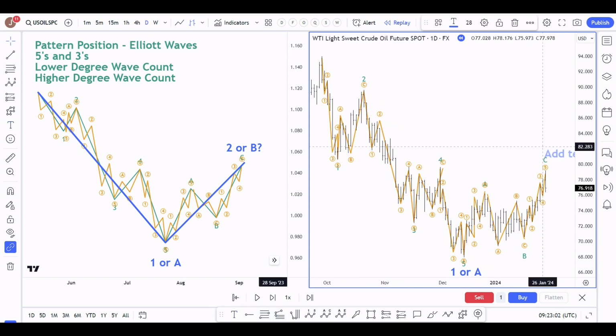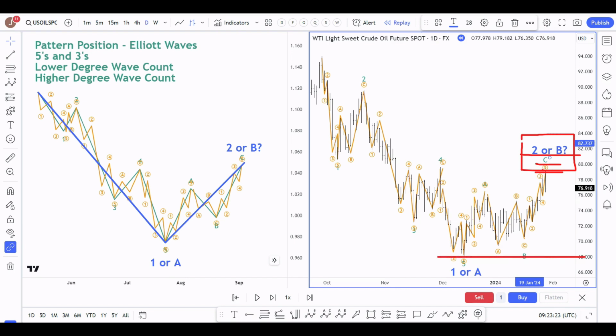Well, if we are confident that this is indeed a wave 2 or B, and how we would say this in practical terms is the market is in a position of a wave 5, of a wave C, of a 2 or B. If that's the case and it turns out to be this, then what should we anticipate? Well, we should anticipate this low to get exceeded and go to new lows. So therefore, we should be looking for selling opportunities to take advantage of this valuable information.